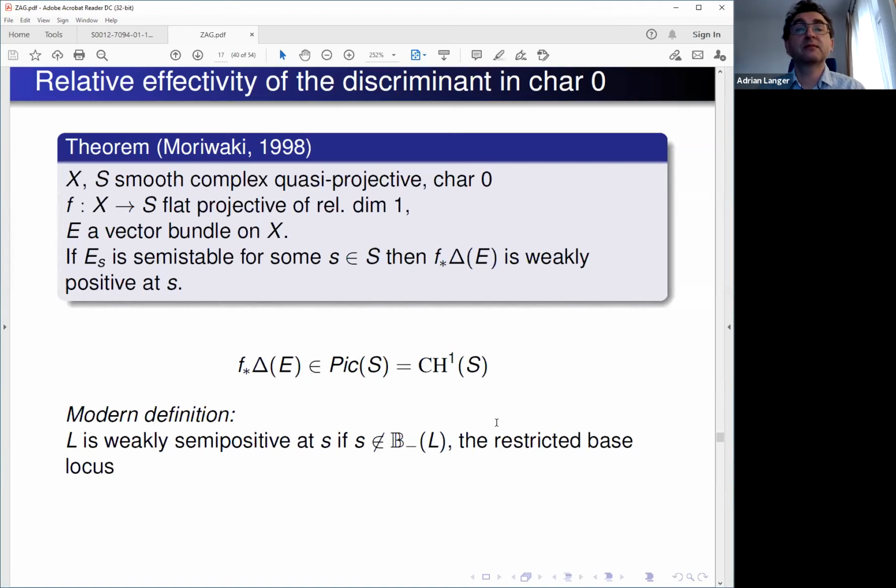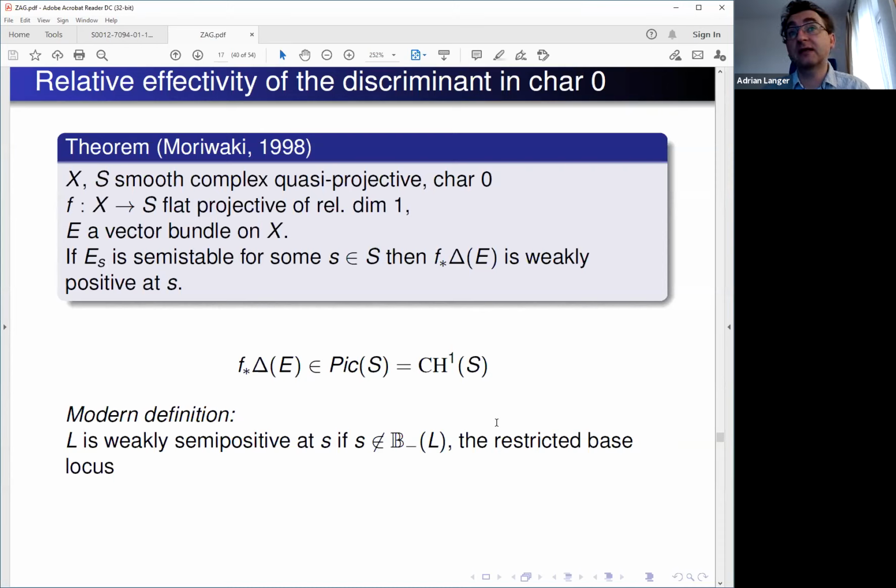But the modern definition of this being weakly semi-positive is that a line bundle is weakly semi-positive at a point if this point does not belong to the restricted base locus. I'm not going to define the restricted base locus, but this is what the result says.